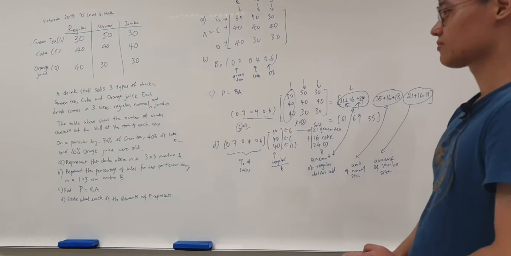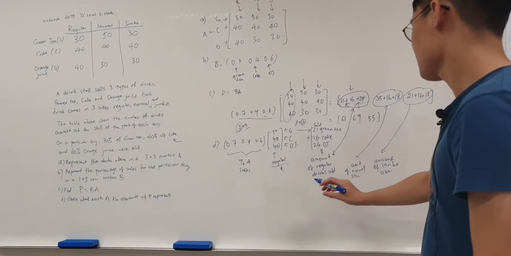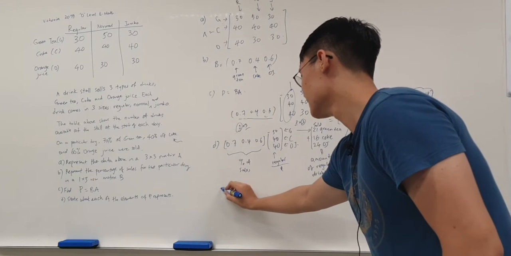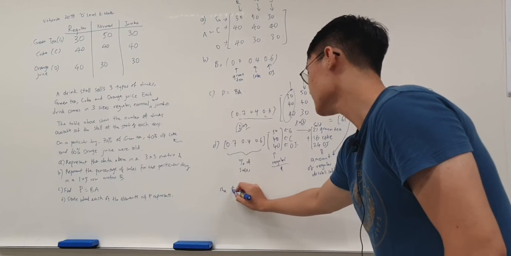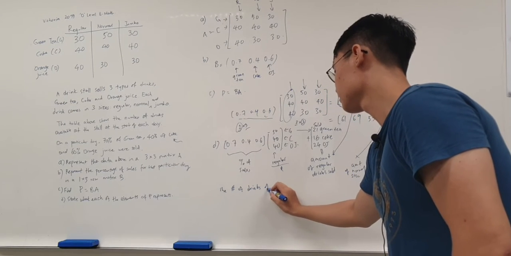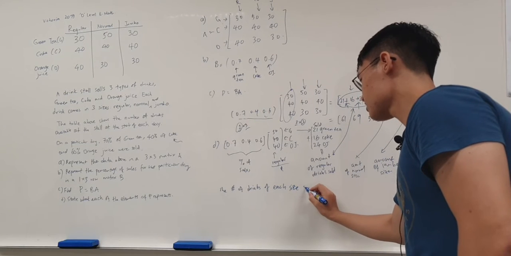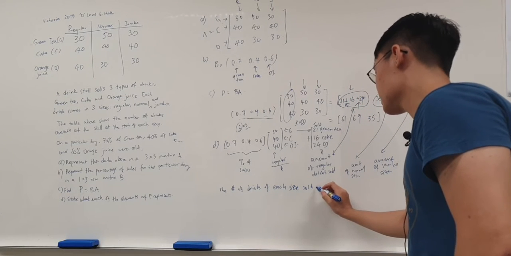Okay? So what does this matrix represent? It just shows the number of drinks of each size sold in each day.